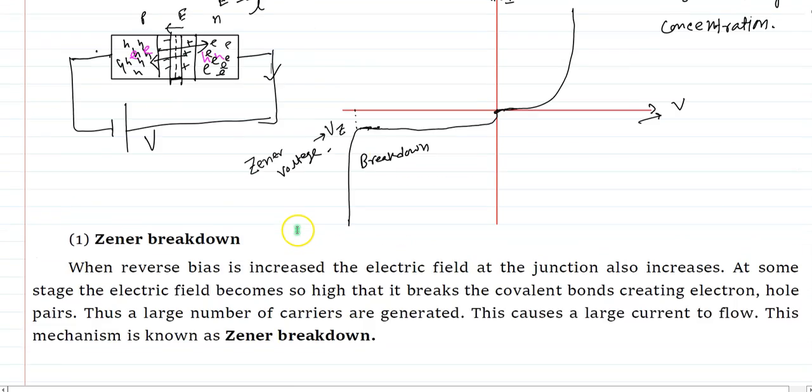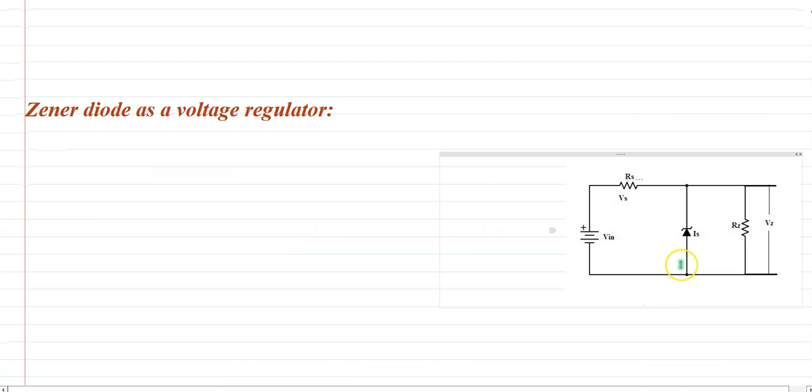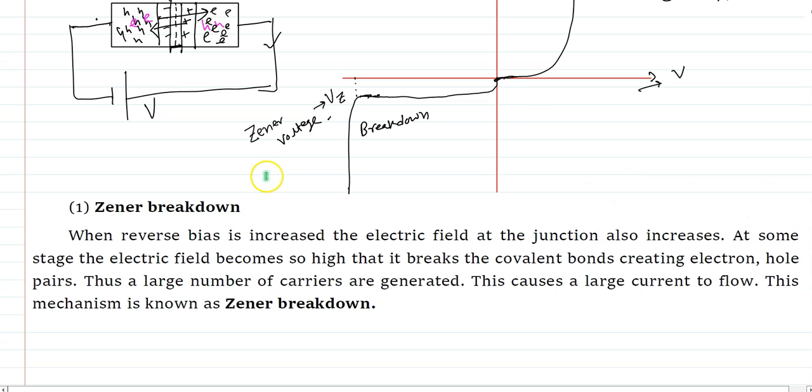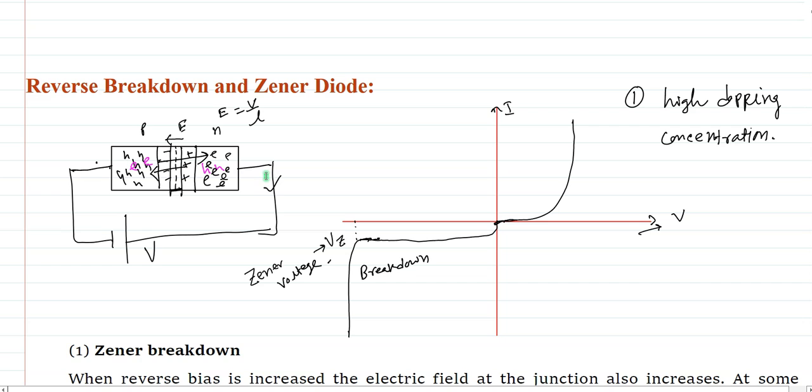This Zener diode is a voltage regulator. One important application of the Zener diode is as a voltage regulator. Here in the Zener diode also, by changing the doping concentration and the semiconductor material, we can get different breakdown voltages, and these voltages are very sharp.